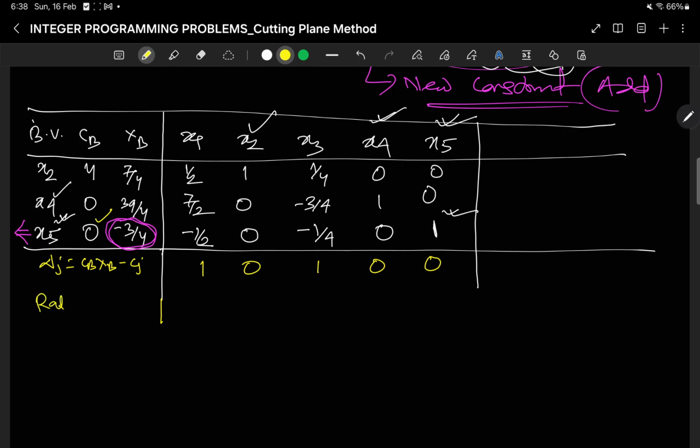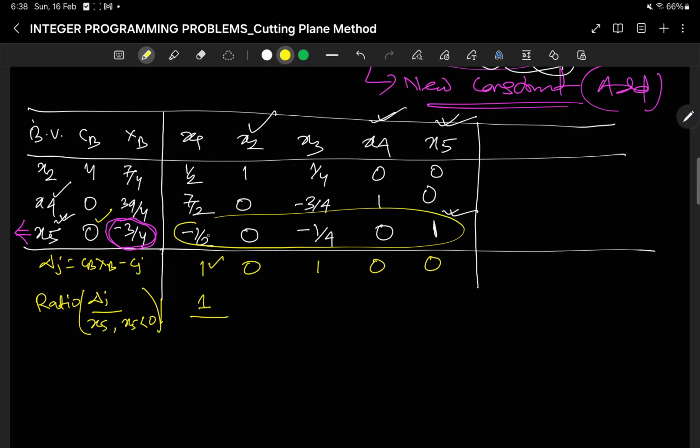Now we need to find the ratio. The ratio is del j divided by the leaving row, with the x5 row entries strictly negative. That means 1 divided by the modulus of minus 1/2, and 1 divided by the modulus of minus 1/4, because these are negative. The others will not take part because they are non-negative.